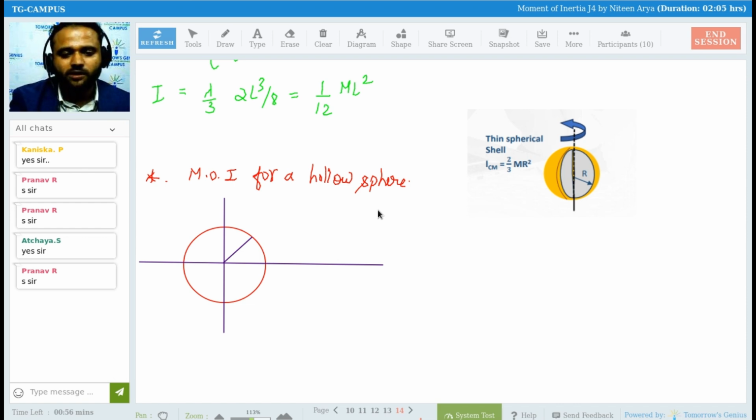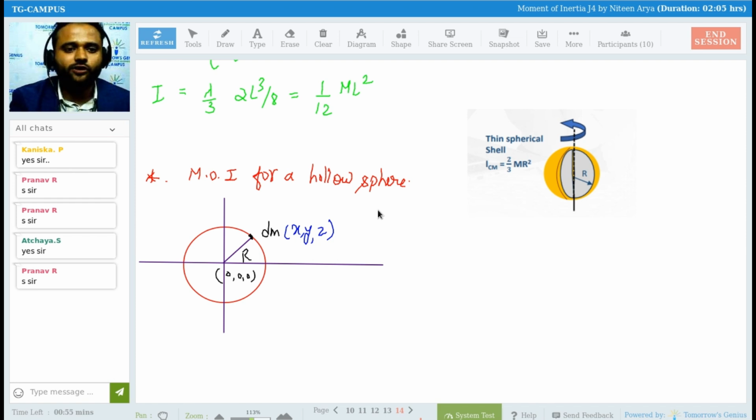Or what we can do, suppose there is a point at radius r. This is a small dm at radius r. This is the center, from 0, 0, 0 to a particular point x, y, z, because it is in 3 dimensions. A sphere is 3D, the whole sphere it is.